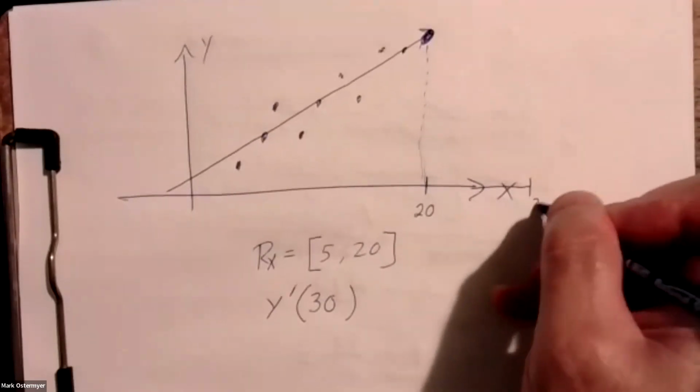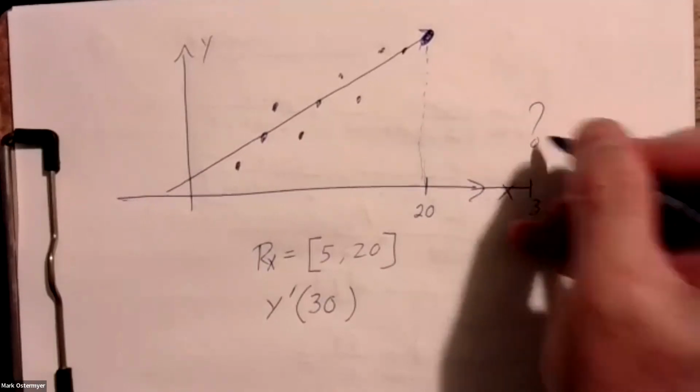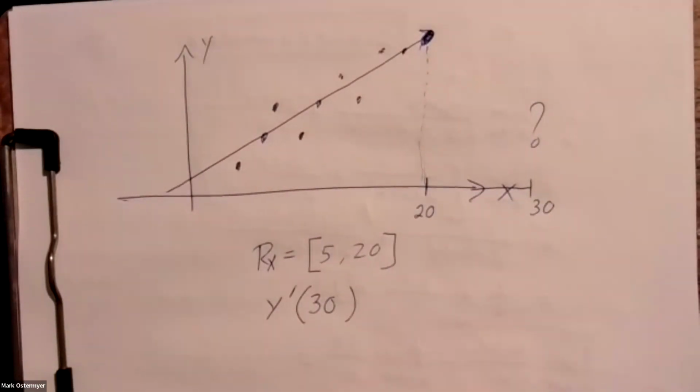Where 30 is way out here. Do you agree? How much faith would we have in that prediction there? The answer is we would not have much faith in that at all. Here's why.